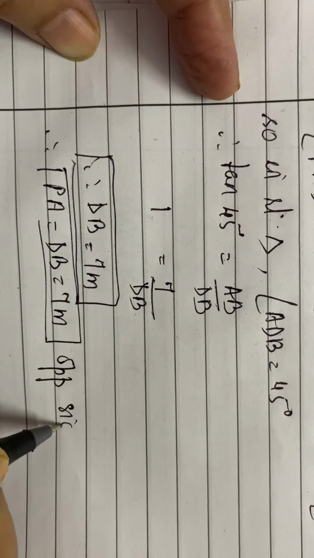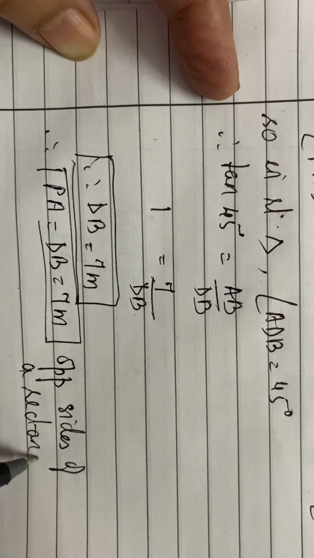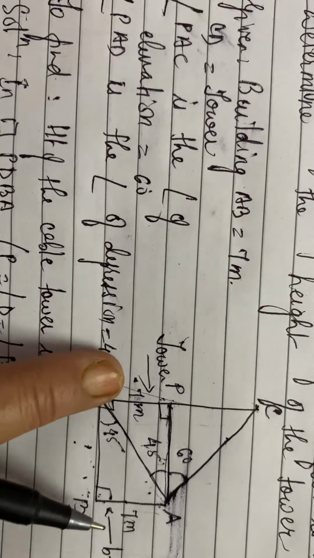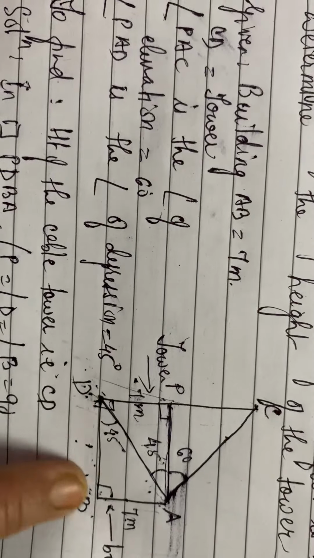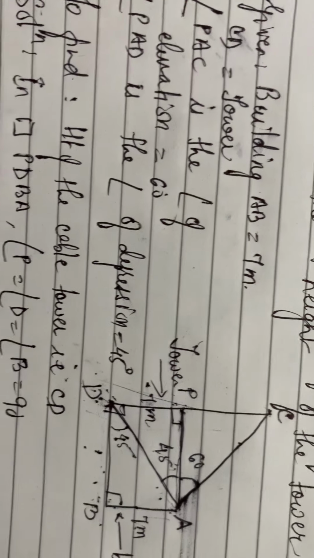Opposite sides of a rectangle. Now actually it becomes a square because the adjacent sides are of same length. 7 and this is 7, this is 7, this is 7. So quadrilateral will become a square. Afterwards we have to say, initially we took it as a rectangle.